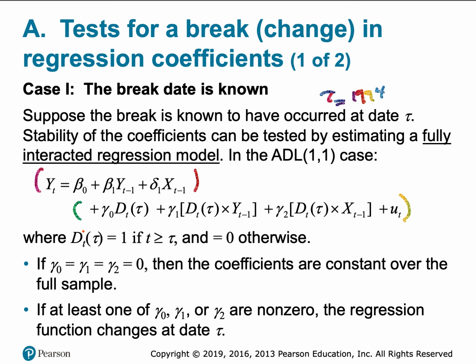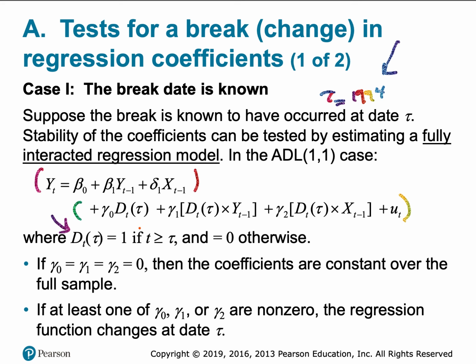The interaction includes this D_t of tau, which equals 1 if time is greater than or equal to tau. In our example, tau equals 1994, so the dummy is equal to 1 if time is equal to or after 1994. So for years 1994, 1995, 1996, the dummy is equal to 1. The dummy will be equal to 0 for all years prior.